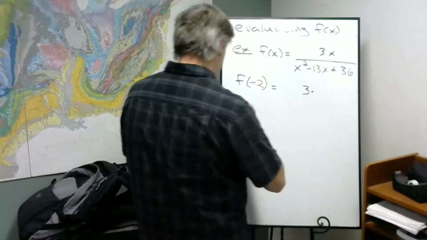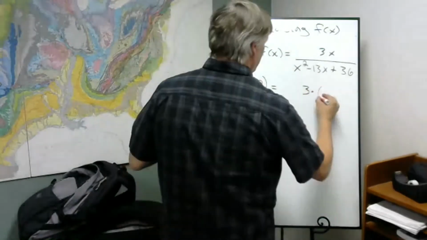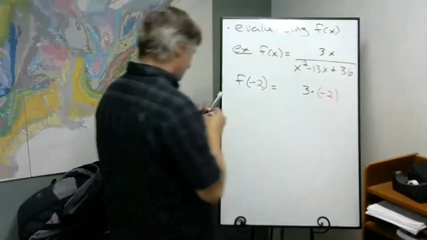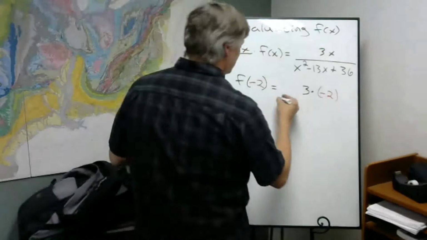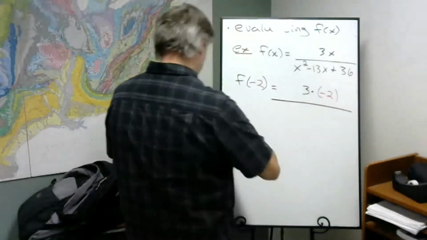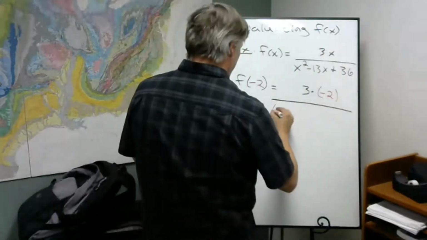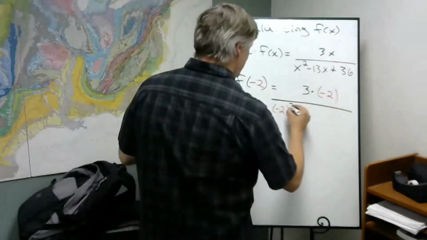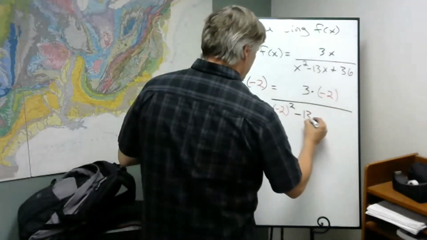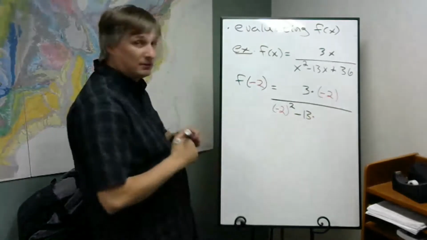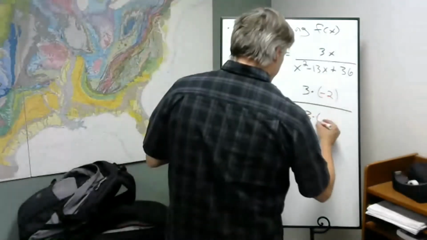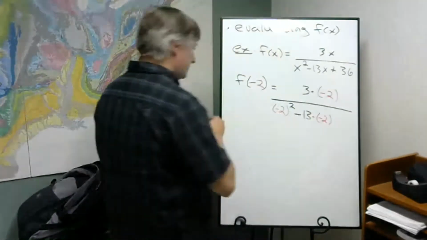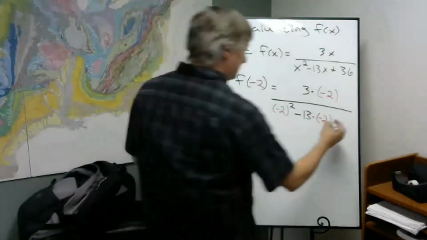So this will be 3 times negative 2 over negative 2 squared minus 13 times negative 2. And then finally we add 36.